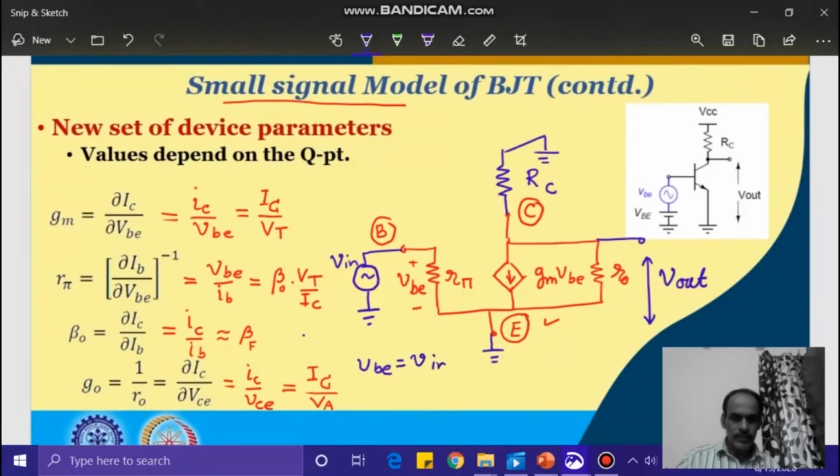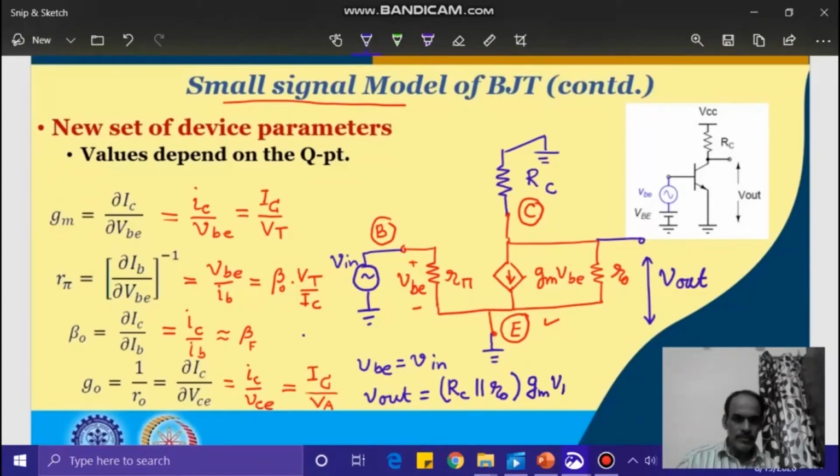So the output voltage, V out, is the output resistance RC in parallel with R naught, which is 1 by GM, multiplied by the current, and the current flowing into this node is GM into VBE.